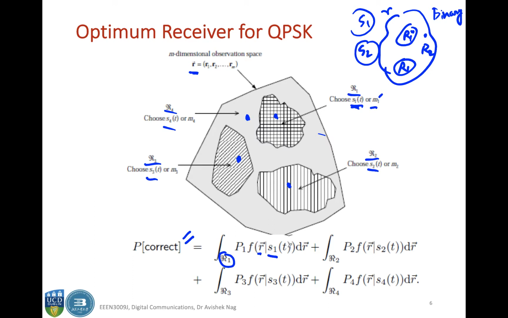If you integrate this conditional density multiplied by the a priori probability, you get the correct decision for transmitting S1.